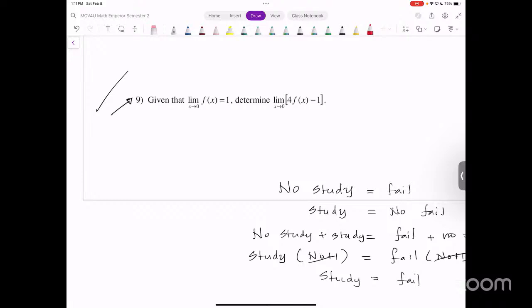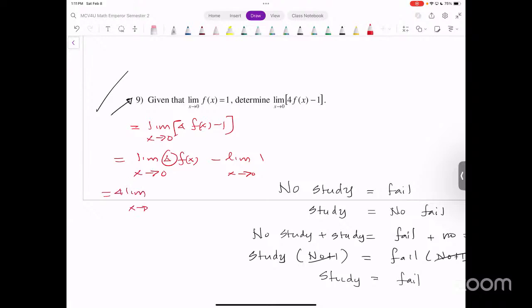Okay, this one you guys need to use the limit rules. The limit as x approaches 0 of 4 times f of x minus 1 can be split into the limit as x approaches 0 of 4 times f of x minus the limit as x approaches 0 of 1. Now the limit rule says if you have a 4 as a constant, you can take it out of the limit. The limit of 1 is simply 1 because there's no x here, so I can say minus 1.